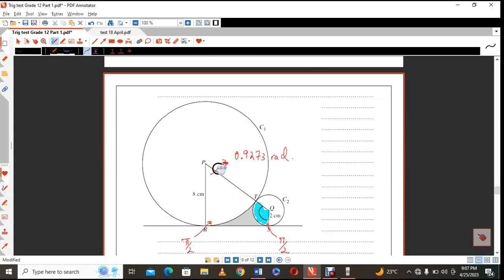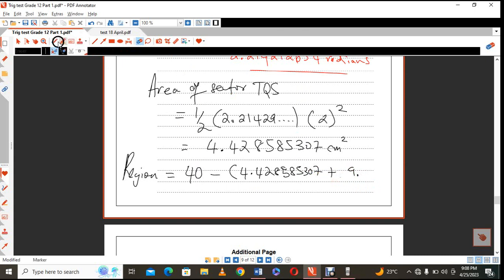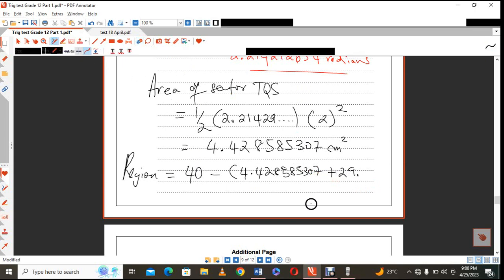So I'm going to write down that the area of the shaded region is going to be that 40 from the trapezium, minus the two sectors: 4.428585307 plus the other one, which is 29.6734 and so on.